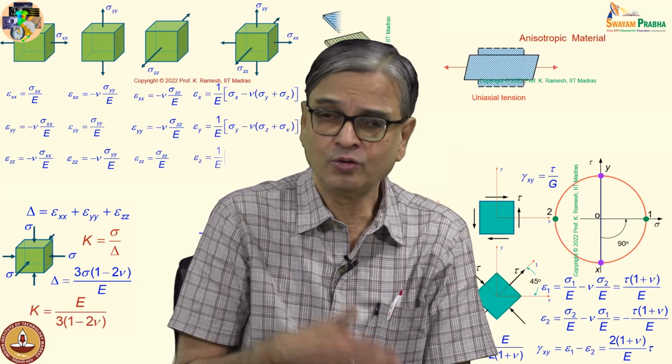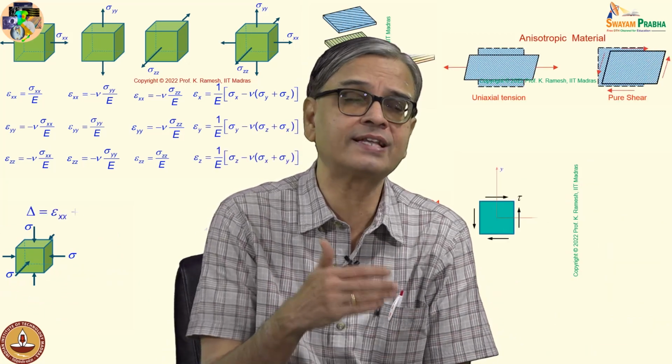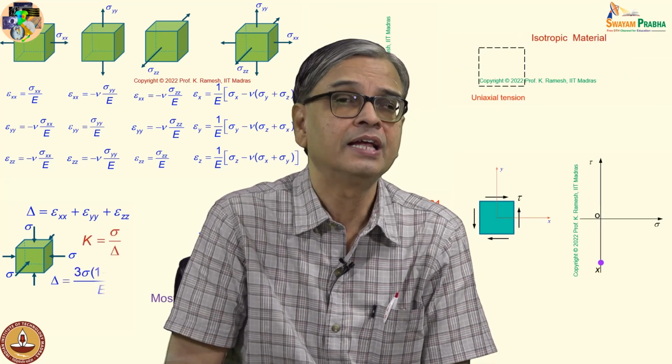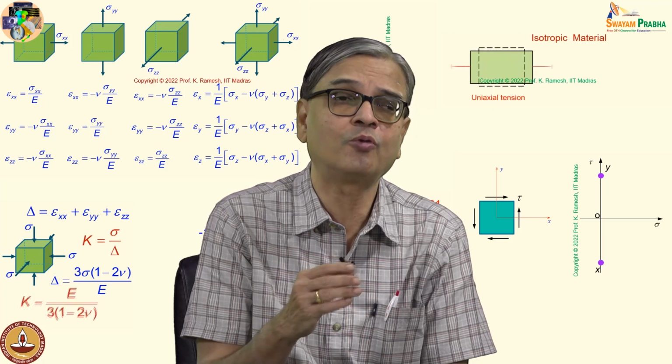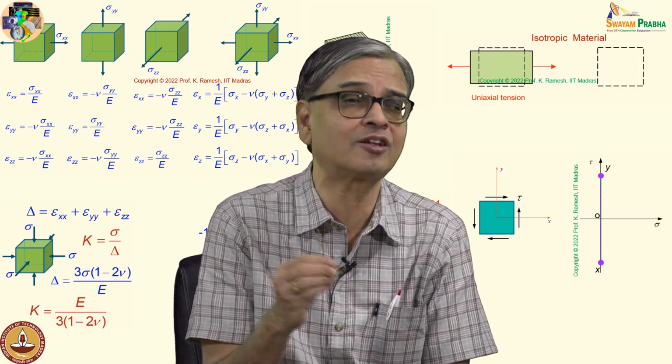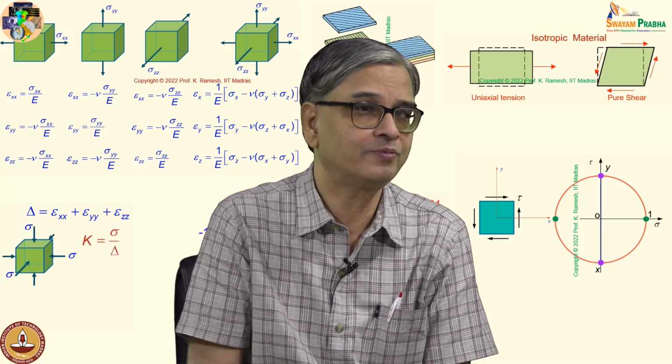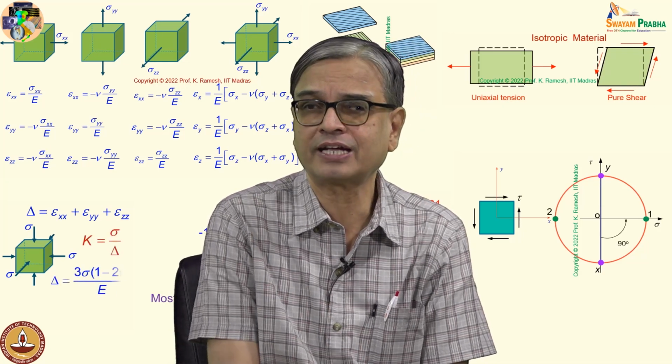And we will look at this further, and we will also establish interrelationship between elastic constants. In the process, we will also know what are the ranges of these that are possible. What is the range of Poisson ratio? We will develop that in the subsequent lectures. Thank you.